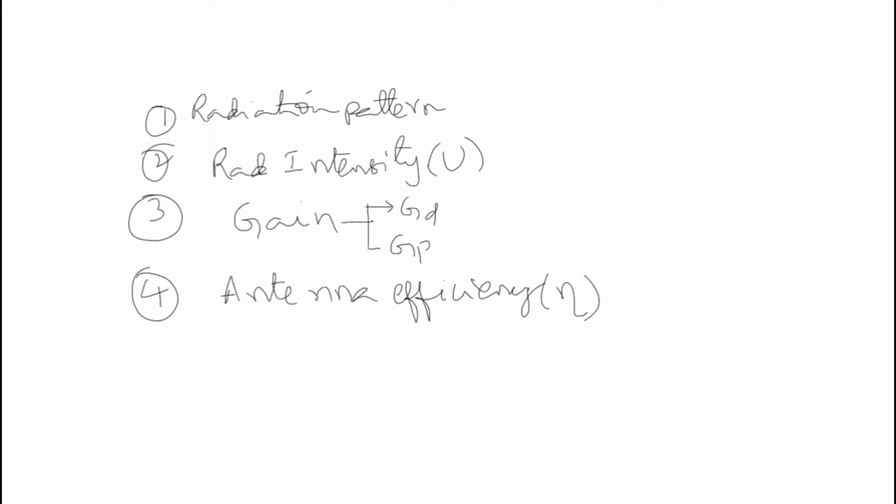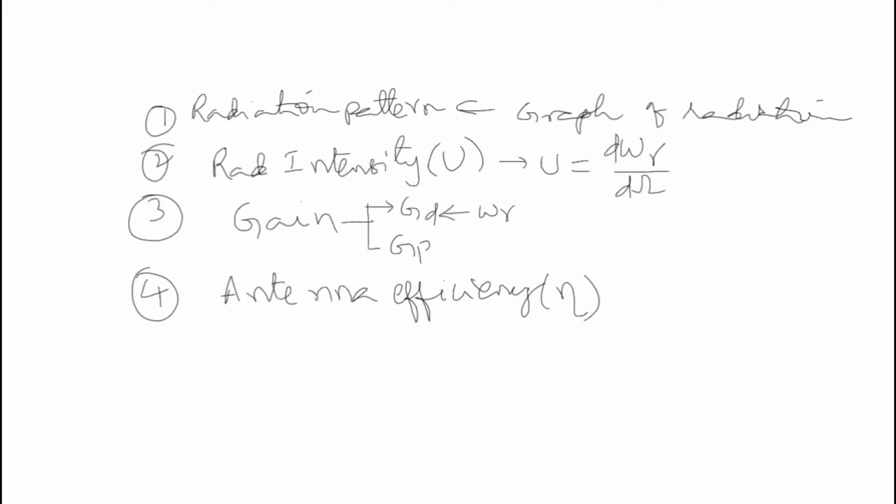Radiation intensity is defined as the radiated power per unit solid angle. As this angle changes, the radiated power through that solid angle also changes. Radiation pattern is a graphical representation, a graph of radiation from the antenna. In gain, directive gain and power gain, only W is considered in the definition.